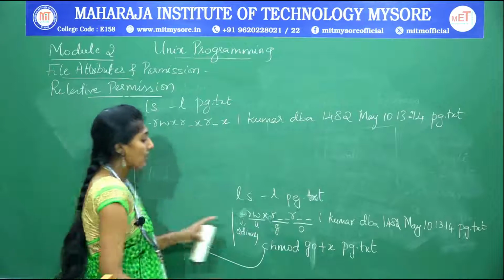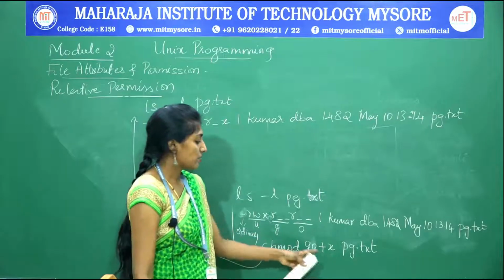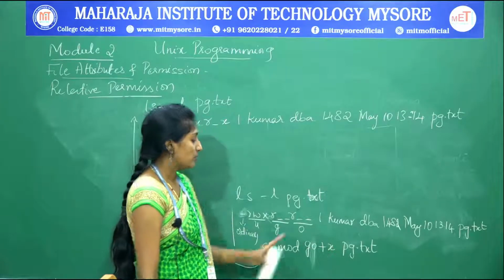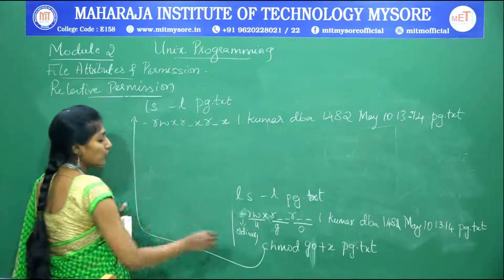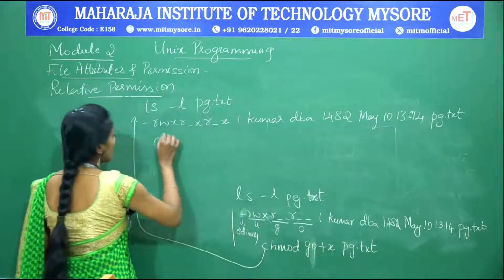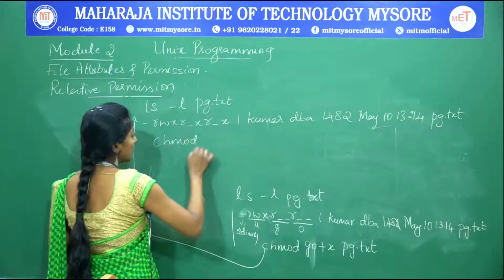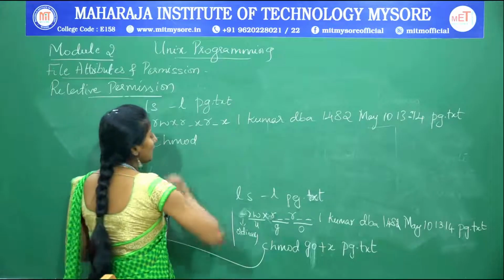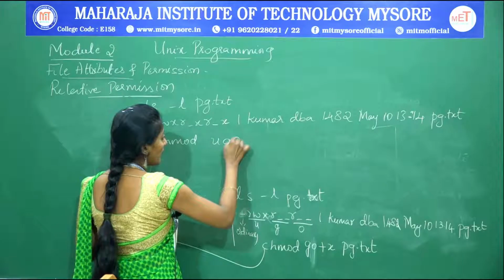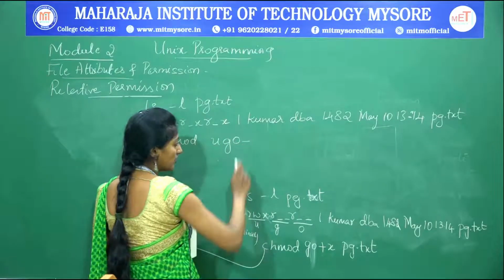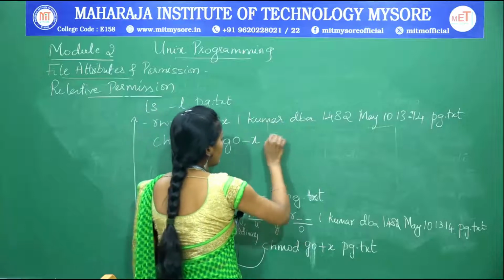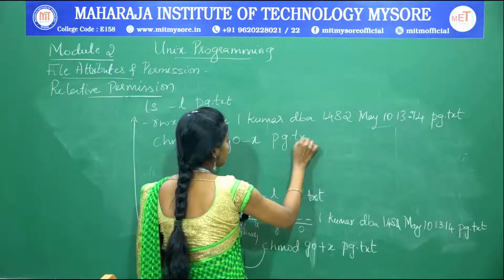So now how do we remove the execute permission for all three categories of user? If I want to remove the execute permission for all three categories, again you can do that using chmod. The category is all three, that is user, group, others. For removing, hyphen or minus is the symbol, x, pg.txt.